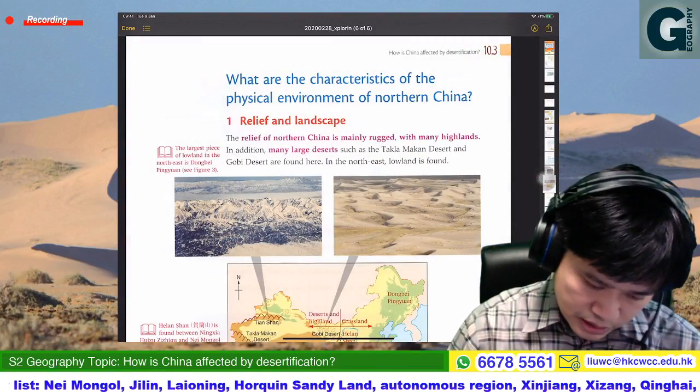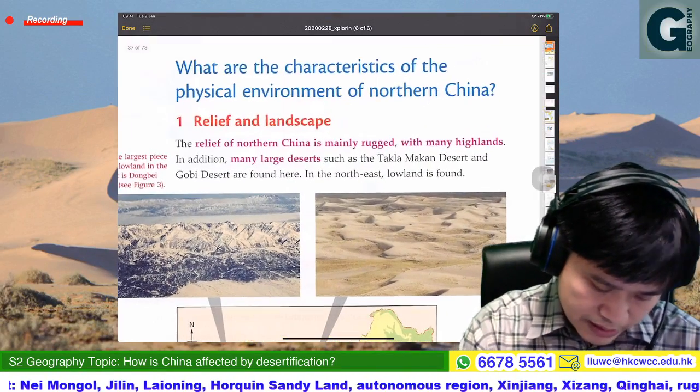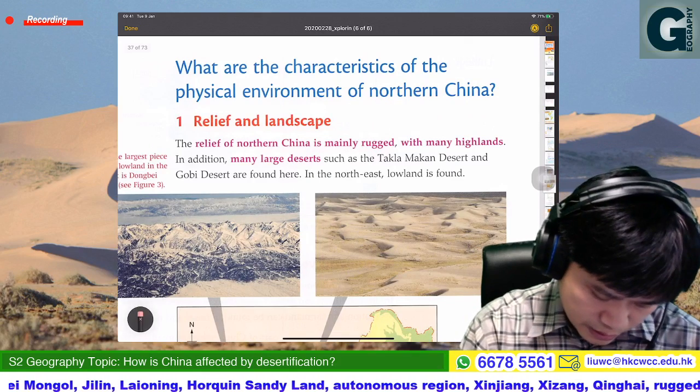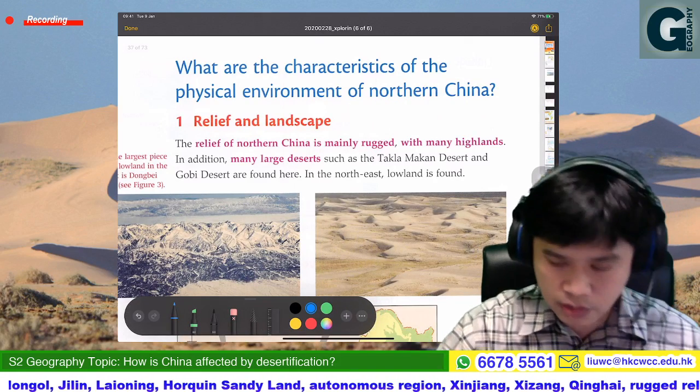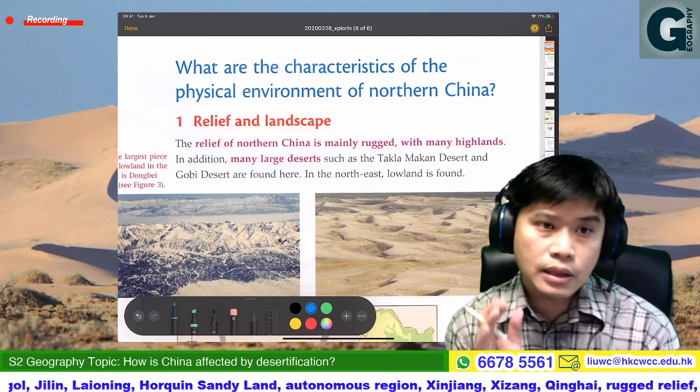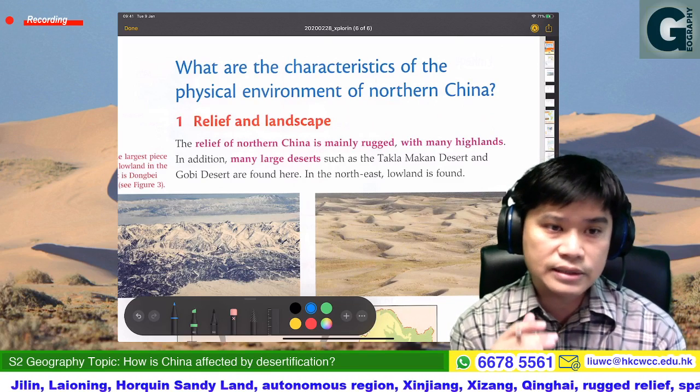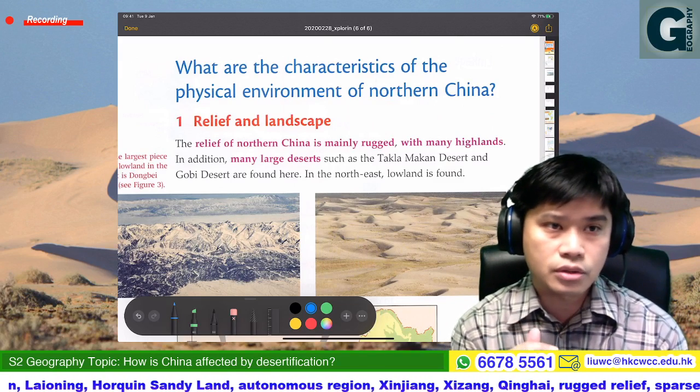Let's see first the relief and landscape. For the relief, we should have learned in the first term that the relief of the country increases from the east to the west.